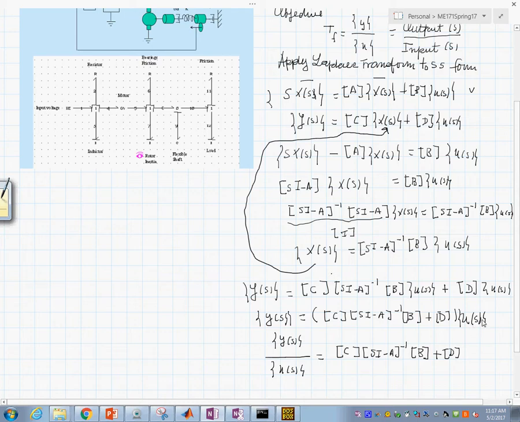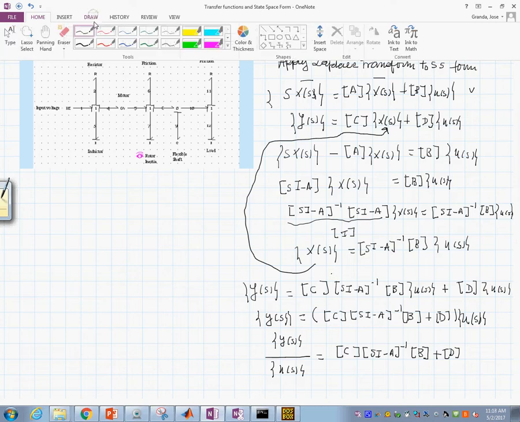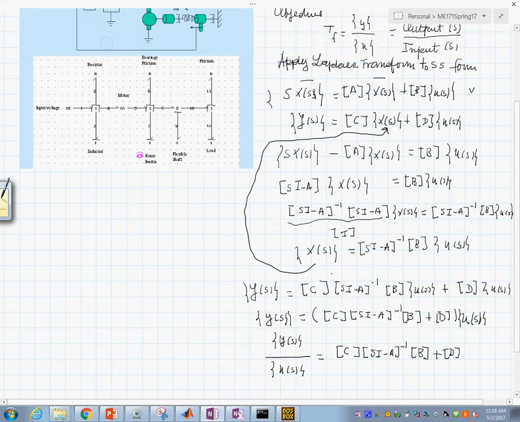So what does this mean? This has a major meaning for us. Let's just go over here. I'm just gonna put it in red framing here. This is, as you know, the transfer function.